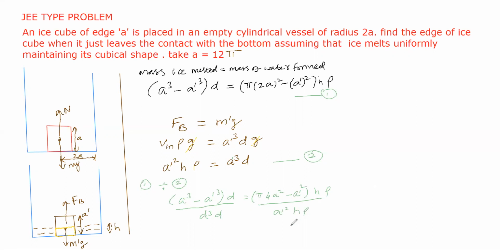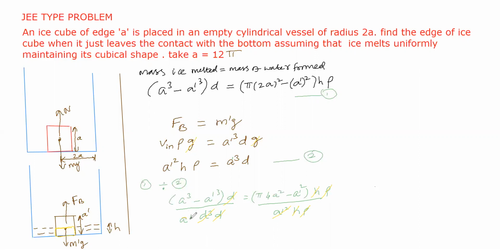Now whatever we can cancel, we have to cancel. Here h can be cancelled, rho can be cancelled, d can be cancelled. If we cancel a dash square with a dash cube, we get a dash only remaining.